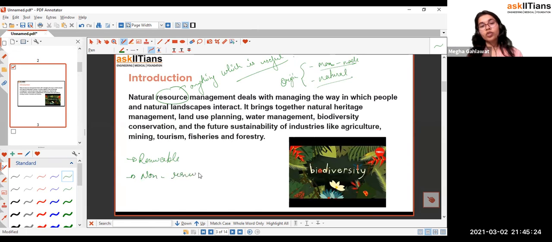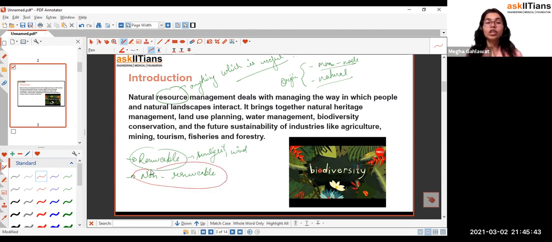Renewable and non-renewable. It's very important for you to understand that renewable resources are those such as sunlight, wind, which can be used time and again, the tidal energy, etc. But non-renewable are the ones which cannot be used again. Earlier, water came under renewable resources, but nowadays water is also a non-renewable resource because we have been wasting it so much.